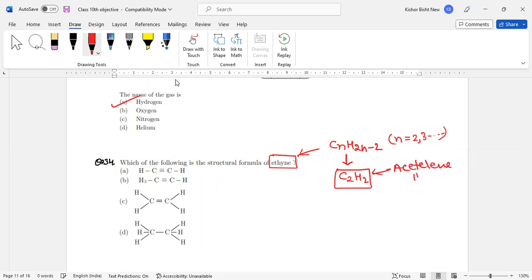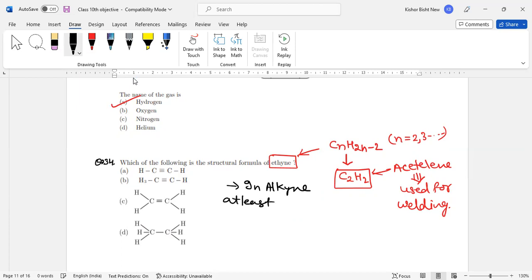Acetylene gas is used for welding purposes. Second point you need to remember: ethyne molecules always form a carbon-carbon triple bond. In an alkyne, at least one carbon-carbon triple bond should be present.